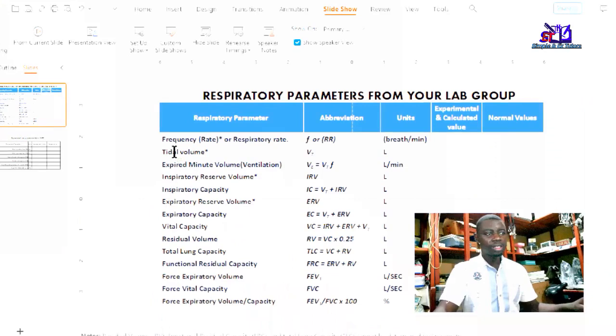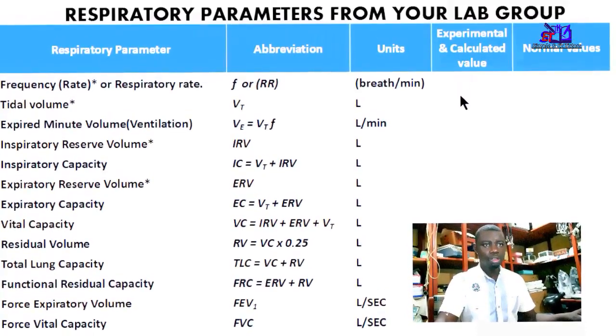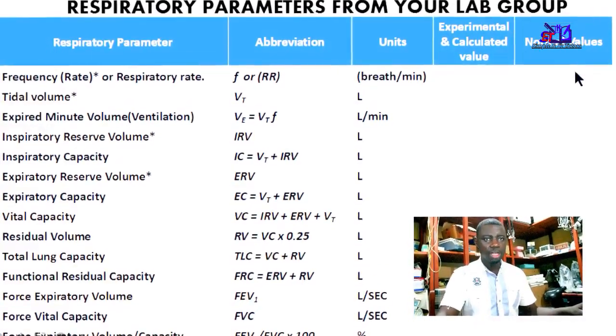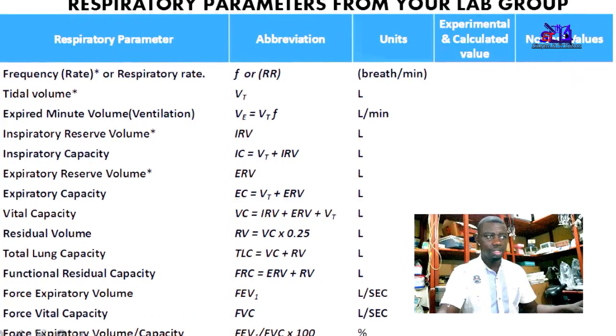So what you are going to be doing is collecting this data from the Word document into a table in a PowerPoint presentation, and then you perform the rest of the calculation. This is the table that you're going to be filling in your information on, and you're going to fill in this column and then look for normal values to fill in this column.